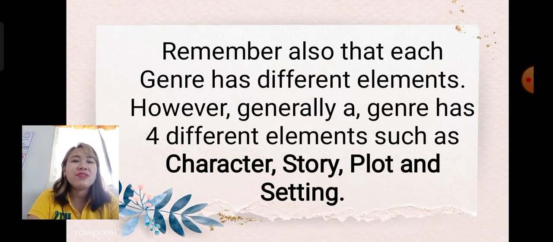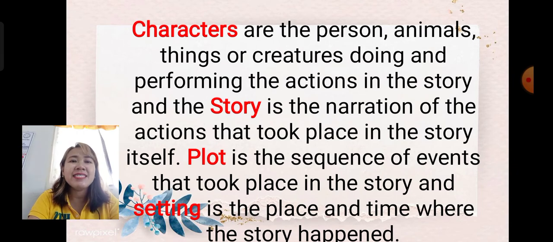Okay? So, again, characters are the persons, either persons or animals, things, or creatures doing and performing the actions in the story. And the story is the narration of the action. So, sinasalaysay niya. So, yun yung tinatawag na storya.